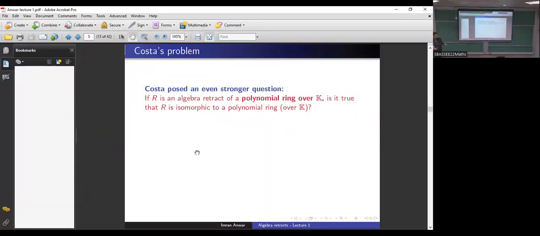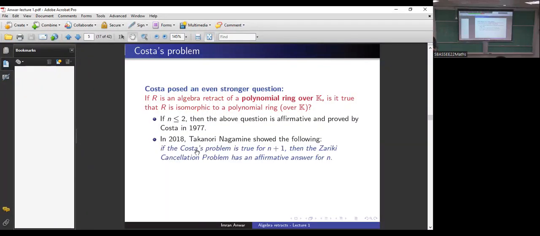Costa's problem is among those. Anyone who solved the Costa problem would also resolve the Zariski cancellation problem. By the way, Costa himself, in that paper, proved this problem for n less than or equal to 2.